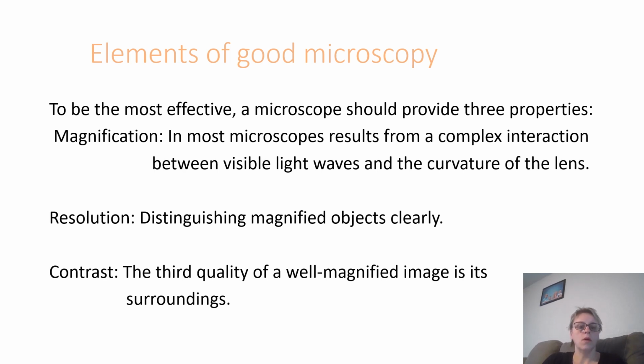Those 3 properties are magnification, which in most microscopes results from a complex interaction between visible light waves and the curvature of the lens, and resolution, distinguishing magnified objects clearly. And contrast, the third quality of a well-magnified image, is its surroundings.